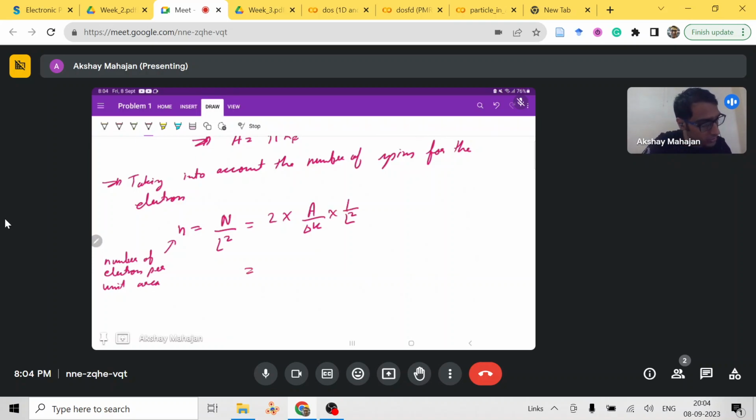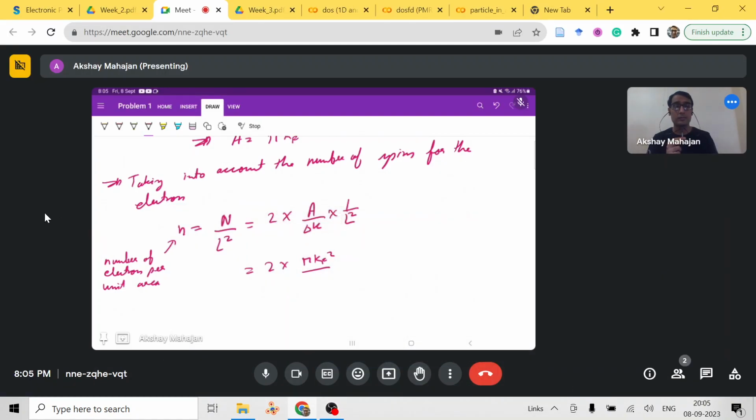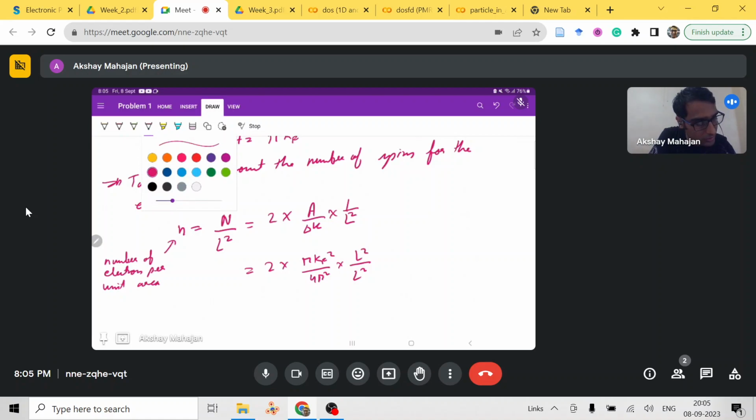Now this will be just 2 times pi kf square divided by delta k, and delta k was 4 pi square by L square. So L square goes up and L square we have down, they cancel out each other, and there will be a cancellation of this pi and of this 2.